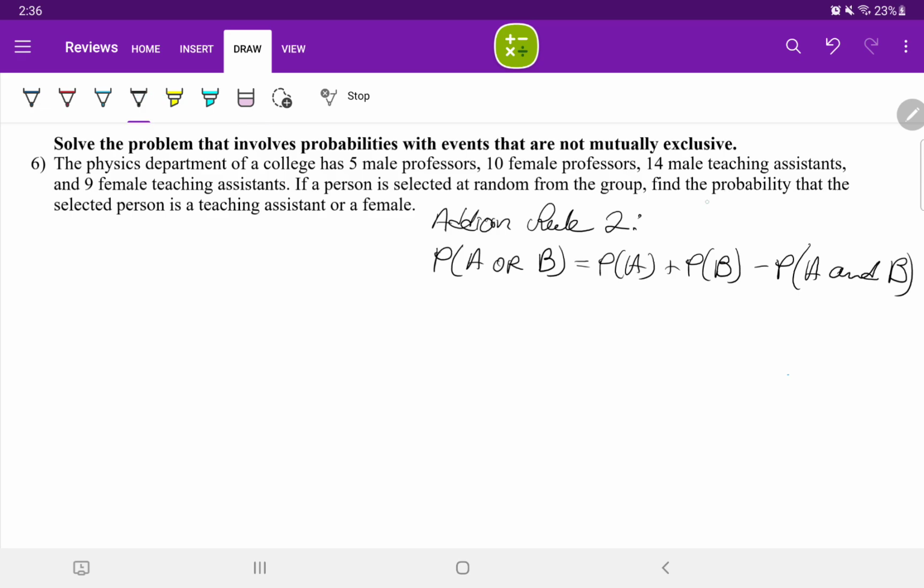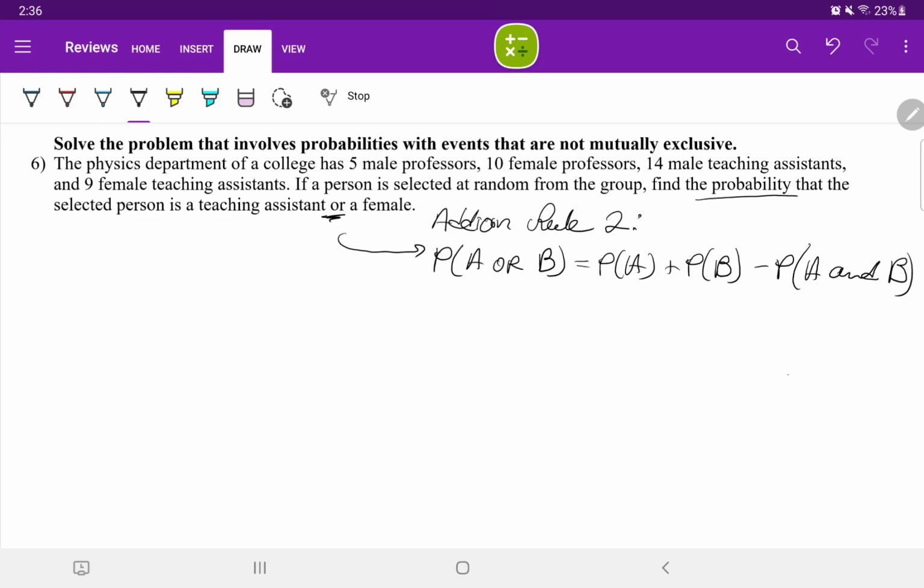When you have a probability question and it says find the probability of one or the other, or perhaps both, we prefer using the addition rule. Emphasis on the word prefer, because you do not have to use the addition rule in some of these questions, as long as you understand the concepts and make sure to not double count a person or a set of people that are part of both categories, then you should be fine.